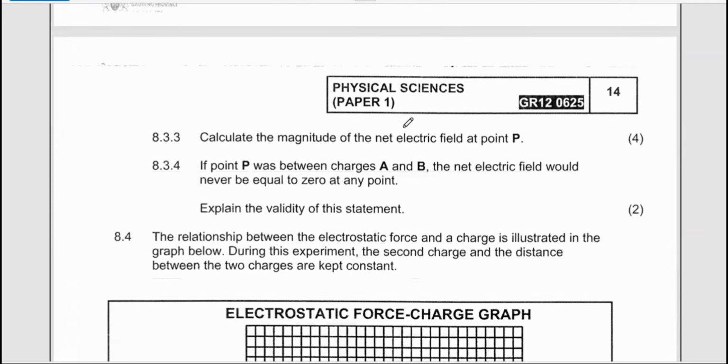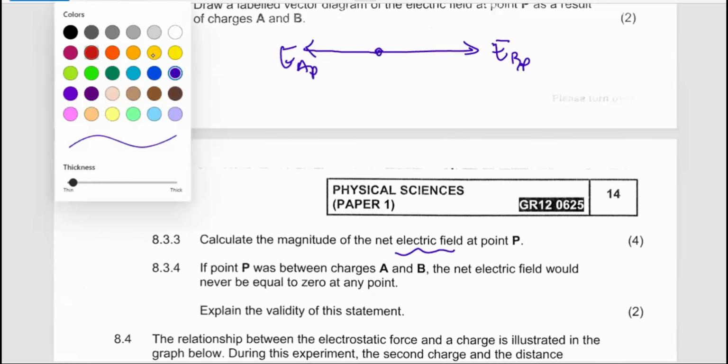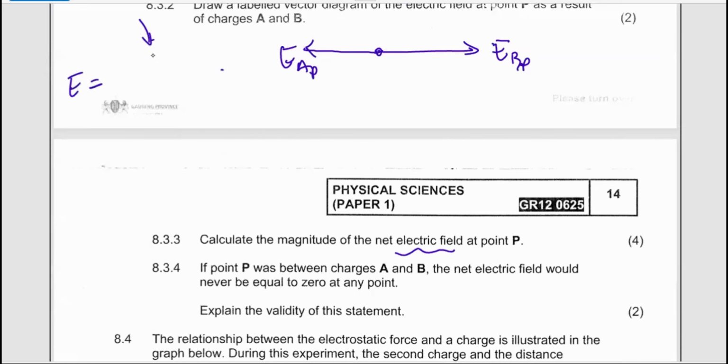Then 8.3.3, they want us to calculate the magnitude of the net electric field at P. One thing we know about the electric field is given as E being equal to kQ over r squared.